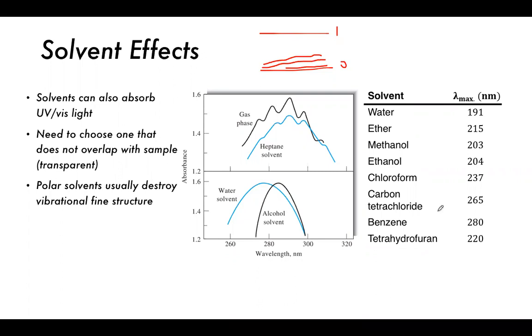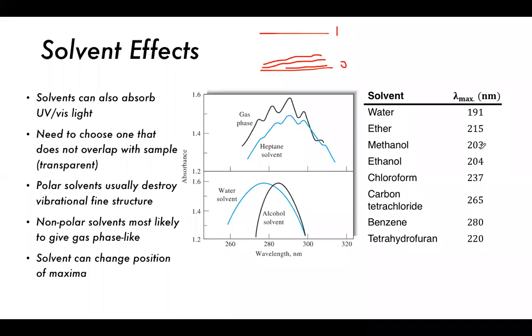These are all common solvents, especially things like ethanol and water and diethyl ether. These are the lambda maxes. These are the peak positions of these solvents. So you don't want to be having an absorbance of your analyte near the peak absorbance of your solvent, because otherwise you're going to have a difficult time determining which one is your solvent and which one is your analyte.